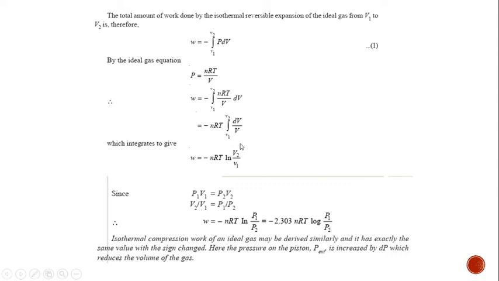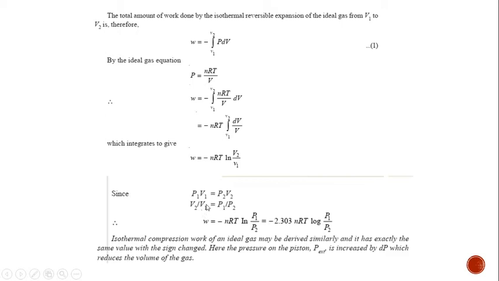Apply the integration operation, and we get the final work done, that is W equals minus nRT into natural log V2 over V1. Since we know that P1 V1 equals P2 V2, by cross multiplication and dividing these variables, we get V2 over V1 equals P1 over P2.